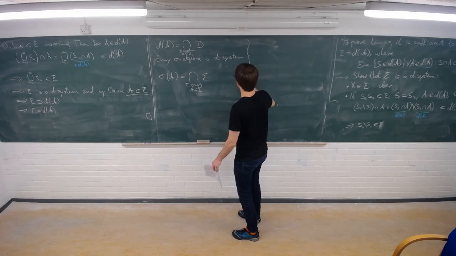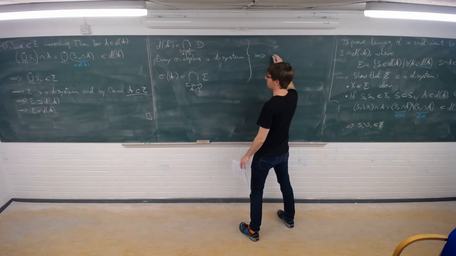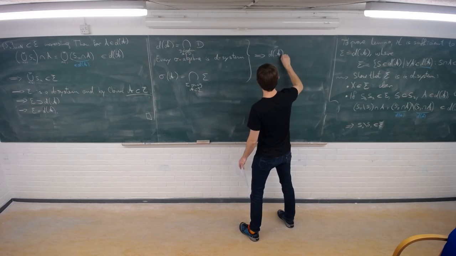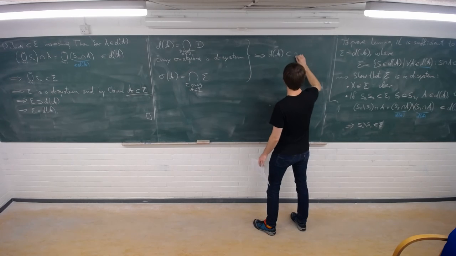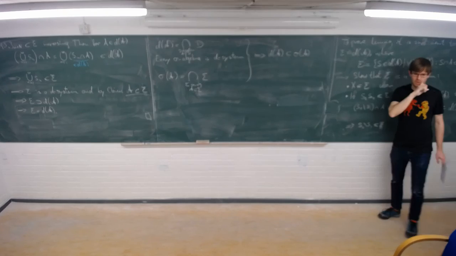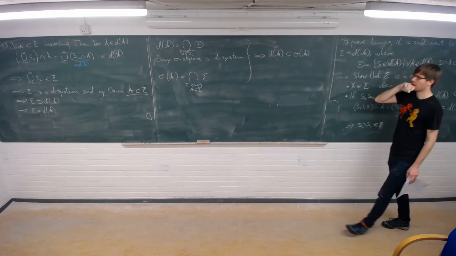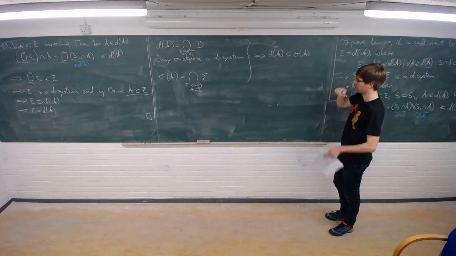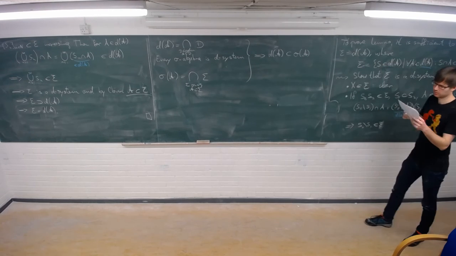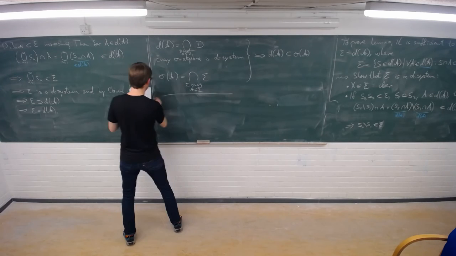So this implies that D of A is a subset of sigma of A.